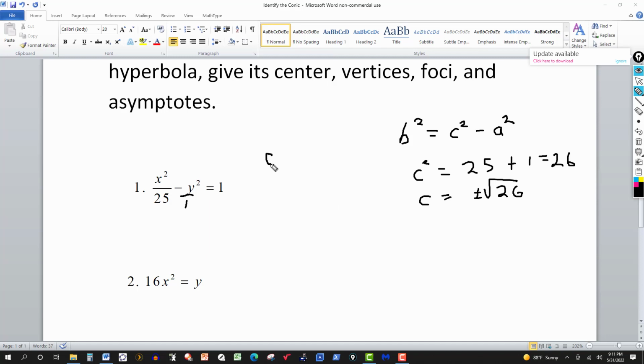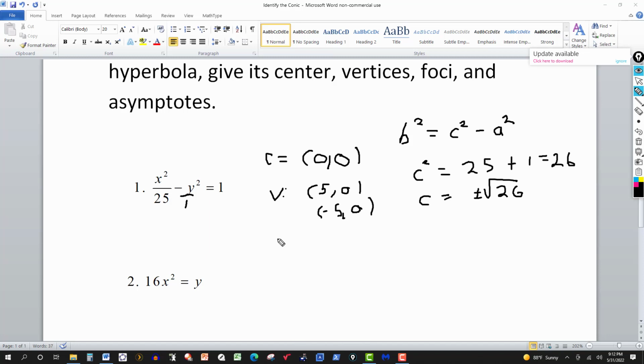So we know the center is 0, 0. The vertices, because it's a horizontal hyperbola, we add the value of a. A squared is 25, so a is 5. So we add the 5 to the x component. So that's plus or minus 5, and 0 would be the vertices, or 5, 0 and minus 5, 0.